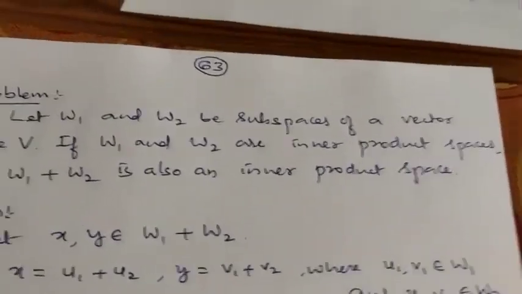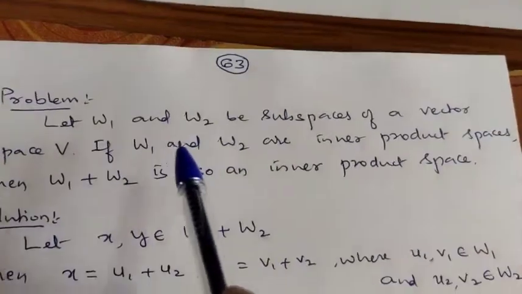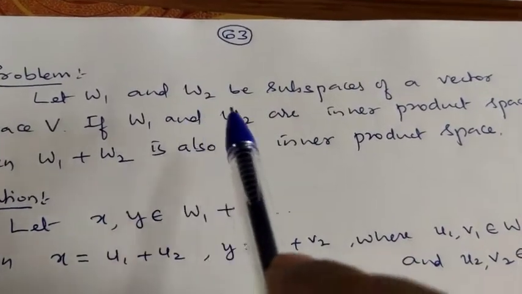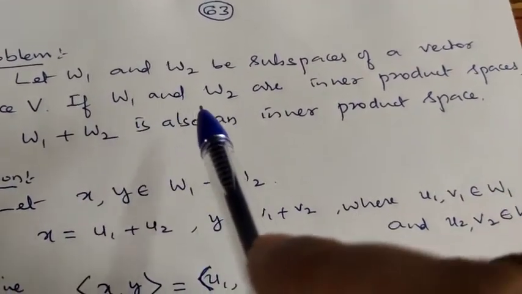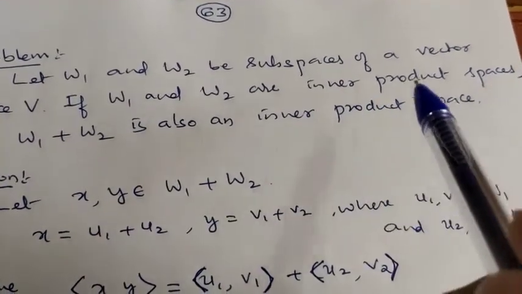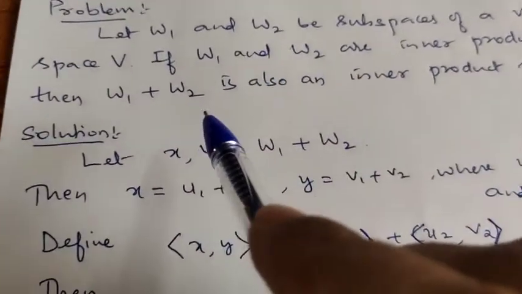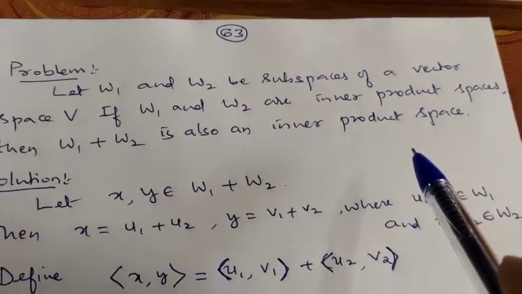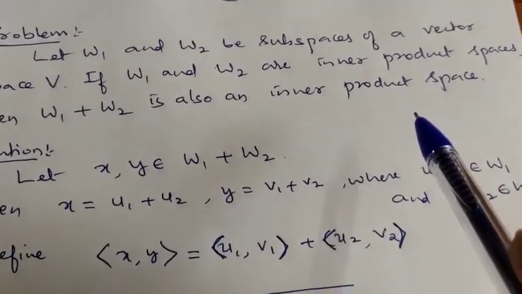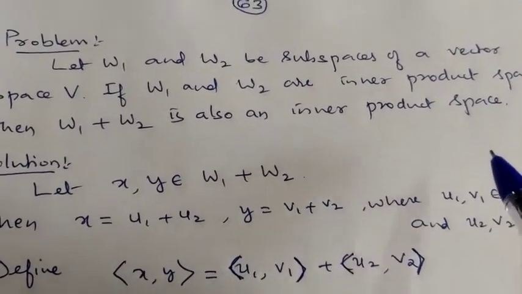Next we will take another problem. Suppose W1 and W2 are subspaces of a vector space V. If W1 and W2 are inner product spaces, then W1 plus W2 is also an inner product space. This means the sum of any two inner product spaces is again an inner product space.